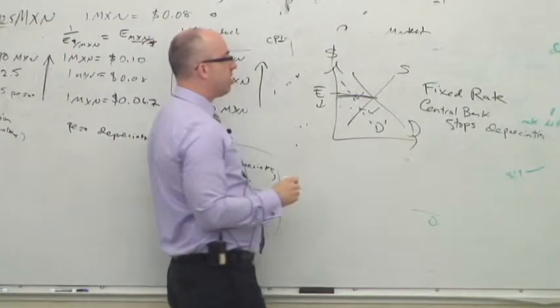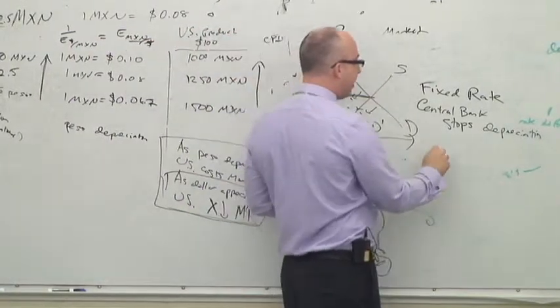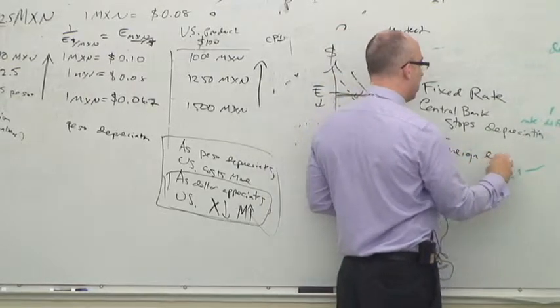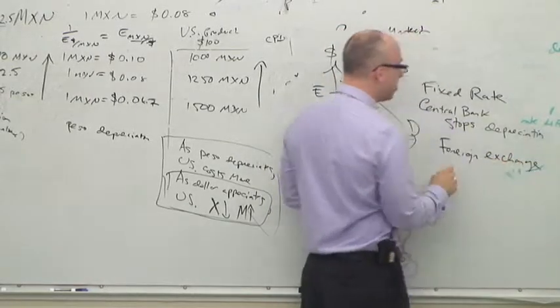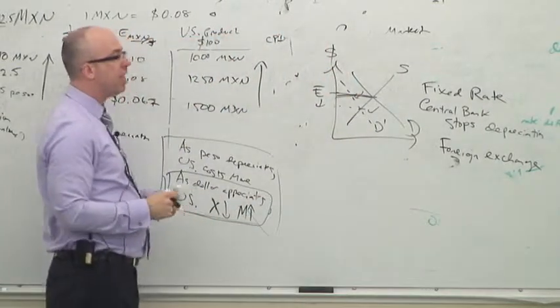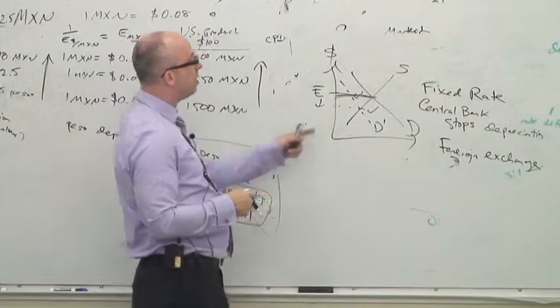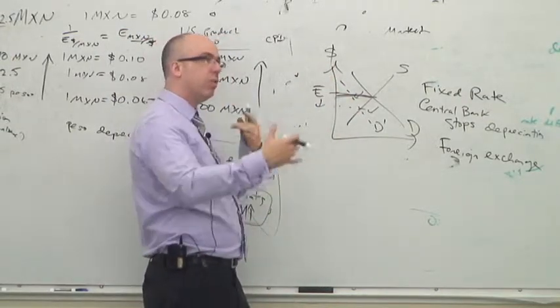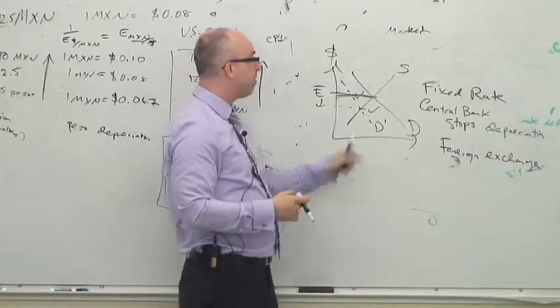What central banks do is that they basically have something called foreign exchange. This could be foreign money or gold or something of value, generally speaking, other countries' currencies. So if this were the US, it would have to have gold or euros or yen or something of value.